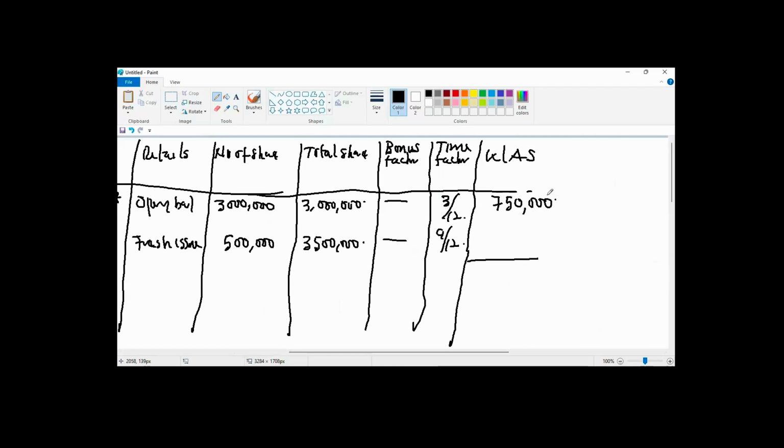Then 9/12 times 3.5 gives 2,625,000. This is the weighted for that year. What does it give us? 3,375,000.